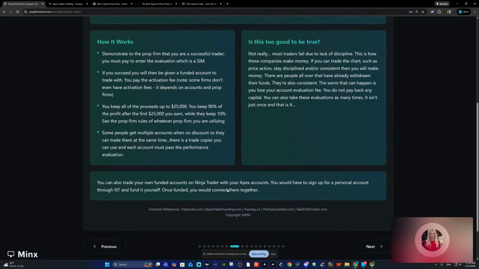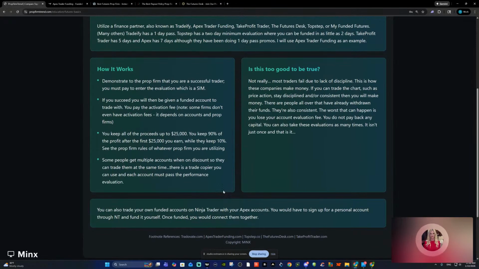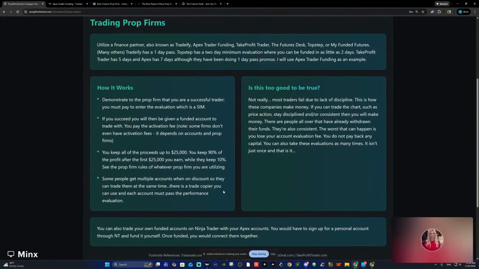I do not suggest anyone doing trade copier if you are brand new. It's best to, if you do go the prop firm route, play on a sim account first, then pass the account and get a payout before you start adding.